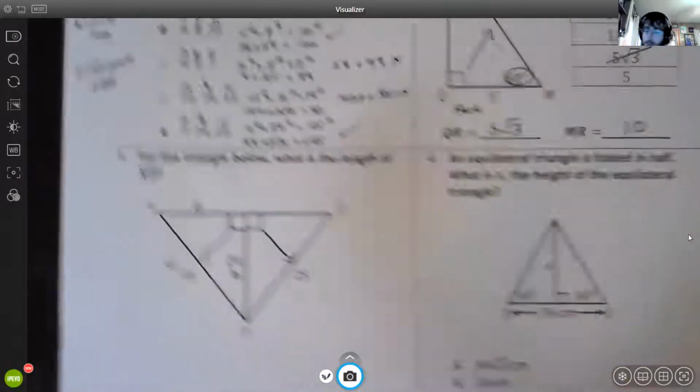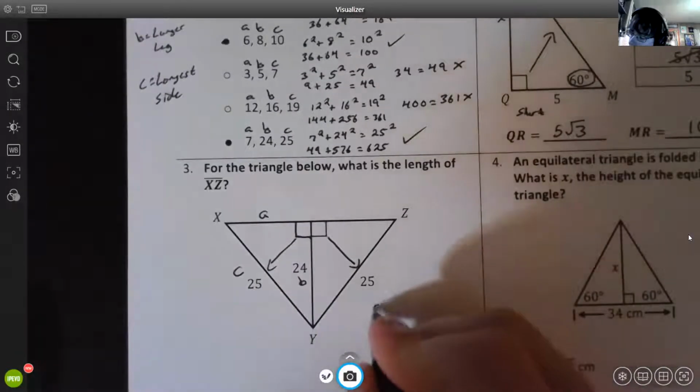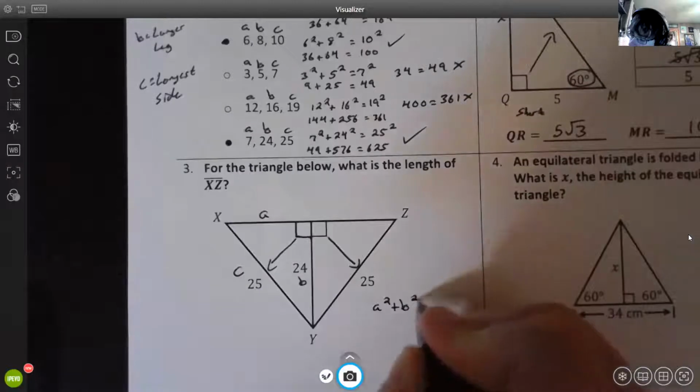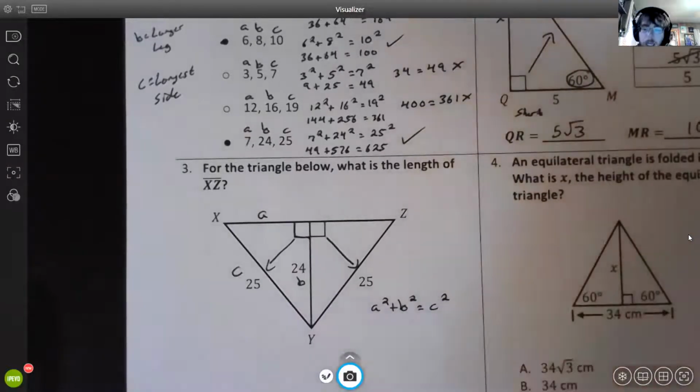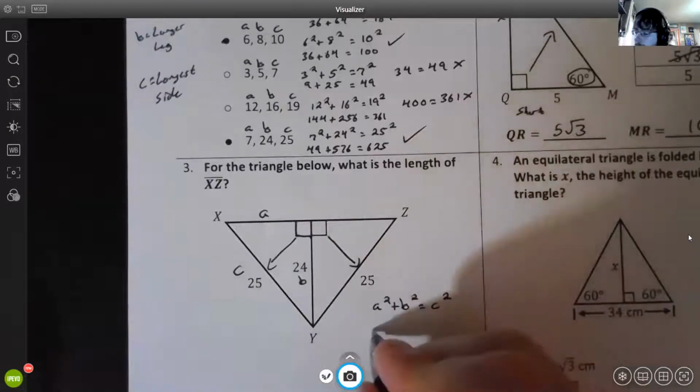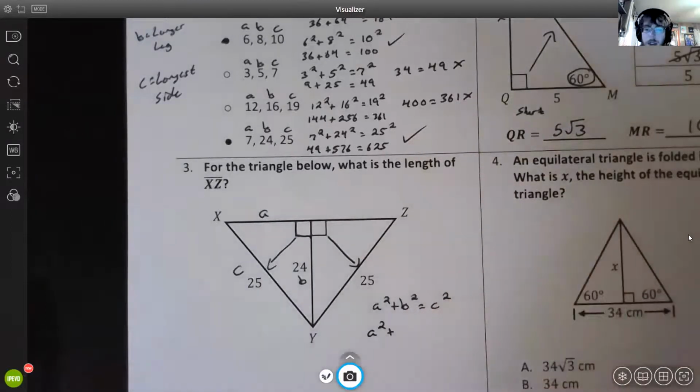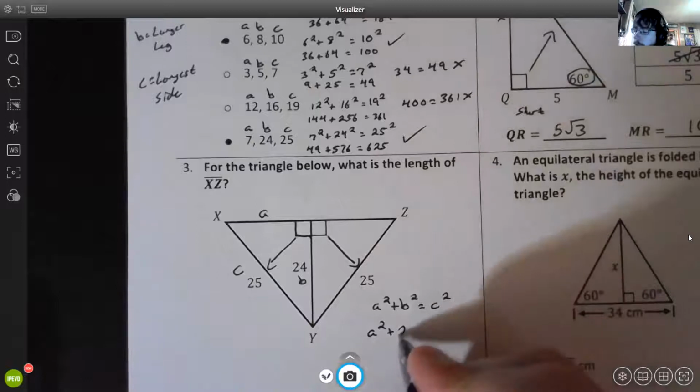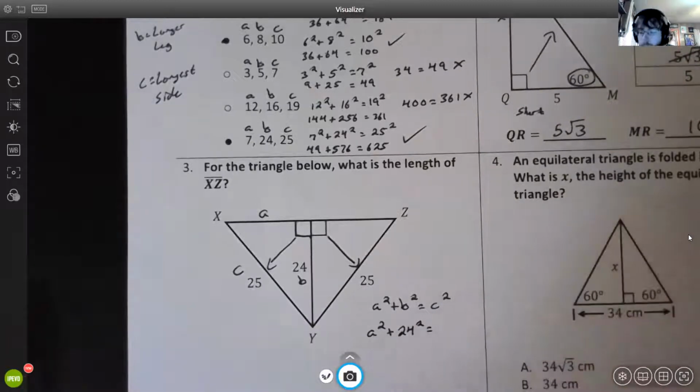So our Pythagorean theorem is A squared plus B squared equals C squared. Now we plug in our A, B, and C. We don't know what A is, so that just stays A squared. B is 24, so we got 24 squared, and that's equal to C squared, which is 25 squared.